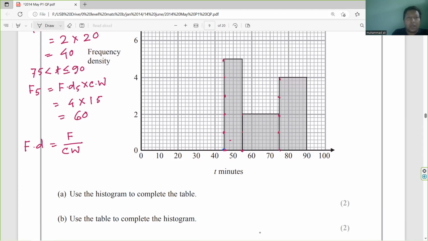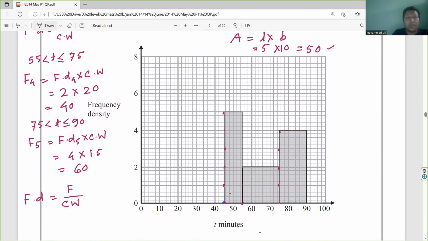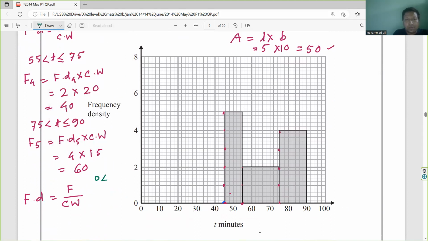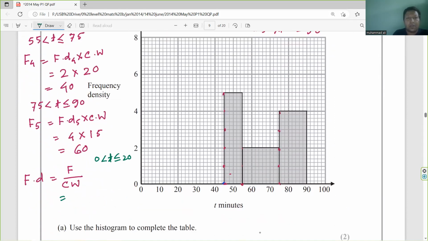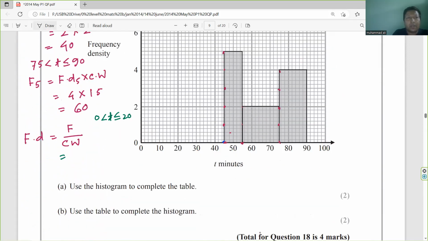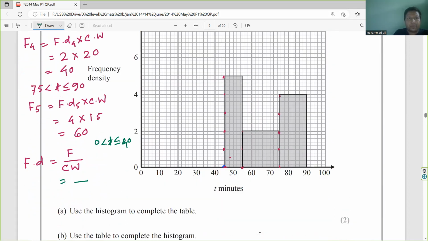For the first interval, 0 to 40, the frequency is 20 and the class width is 40.